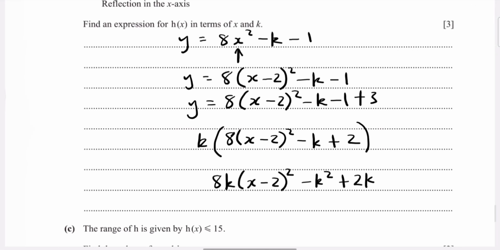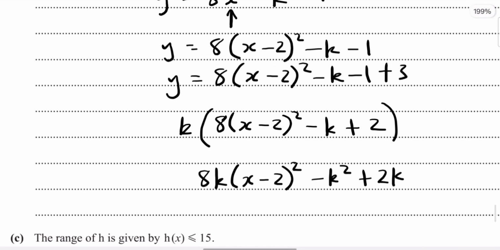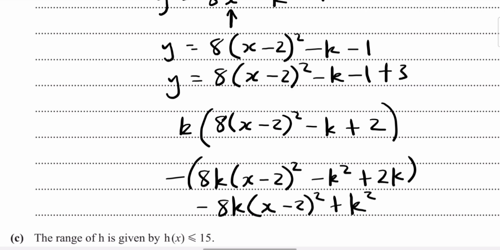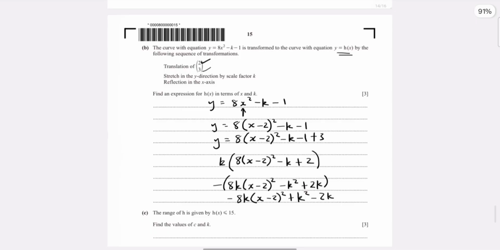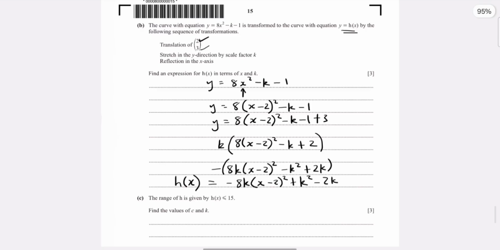And lastly, applying the reflection in the x-axis, we just multiply everything by minus 1 again. So we get minus 8k(x minus 2) squared plus k squared minus 2k. And this will be our h of x after the 3 transformations.